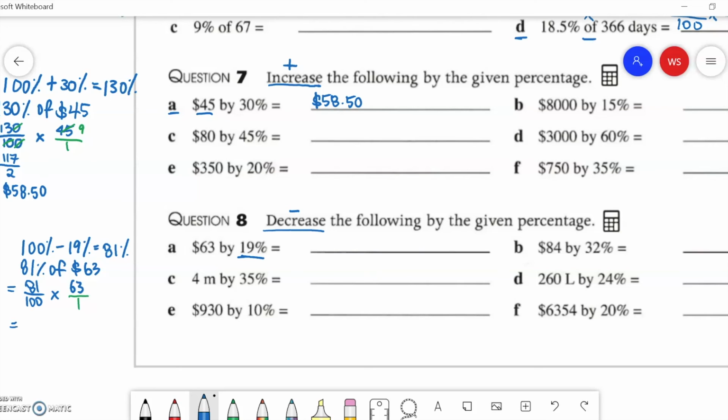So 81 times 63, 5,103 over 100. So dividing anything by 100, we're moving backwards by 2 places with our decimal. So that is 51.03. And having a look at the units, that needs to be dollars. Okay, so the answer is $51.03. Pause this video and try out the rest of the questions in question 8.